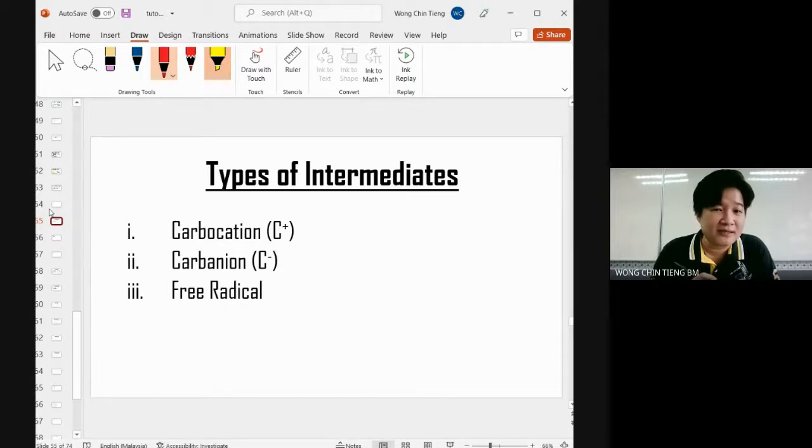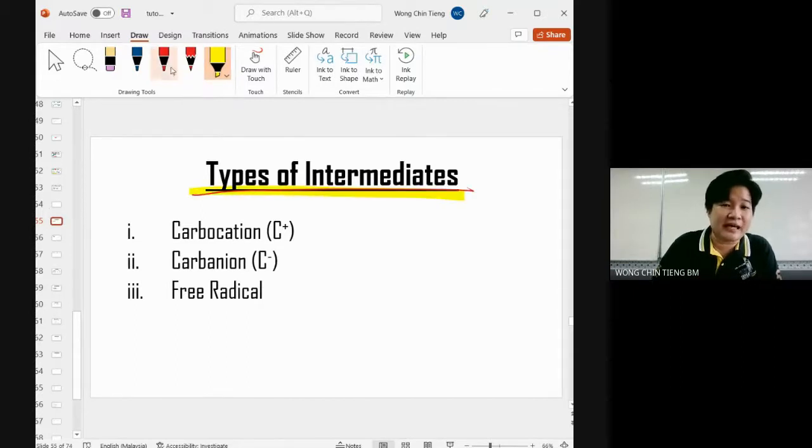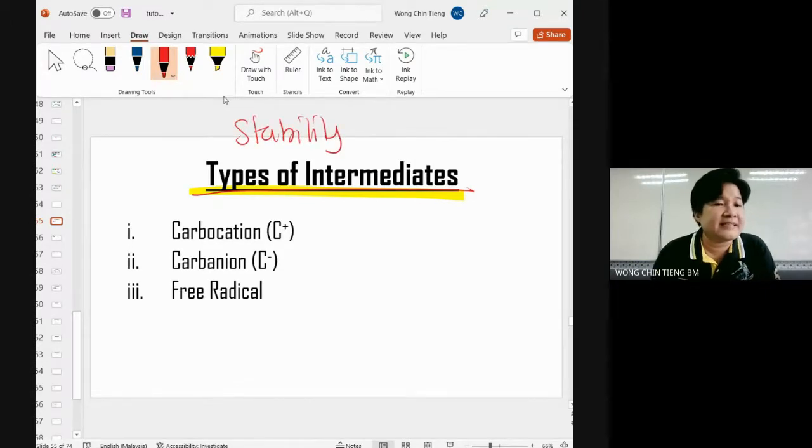And there will be one thing that I want you to study on your own, which is the type of intermediate and also the stability of this intermediate. It's in the notes. If you open your notes, it's in the notes. Lengkap. Saya dah make sure nota saya lengkap sebelum saya suruh study sendiri. This will make a difference lah. So sila baca.